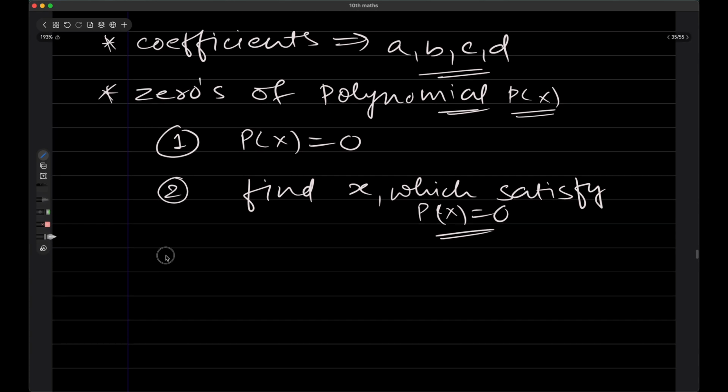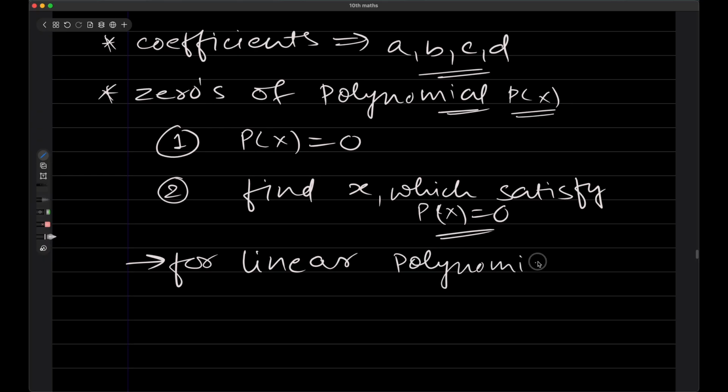We have already seen for the linear polynomial, which is of the form p of x equals ax plus b.